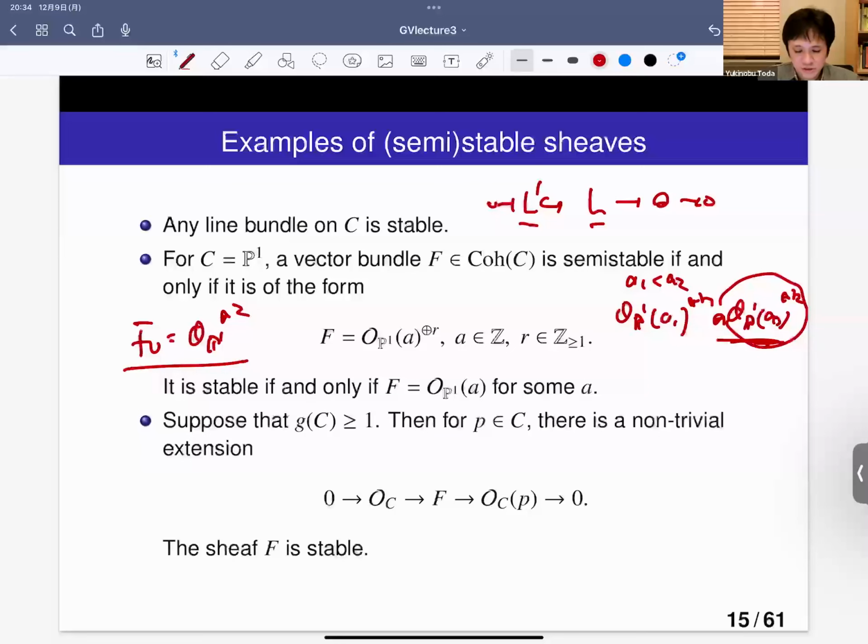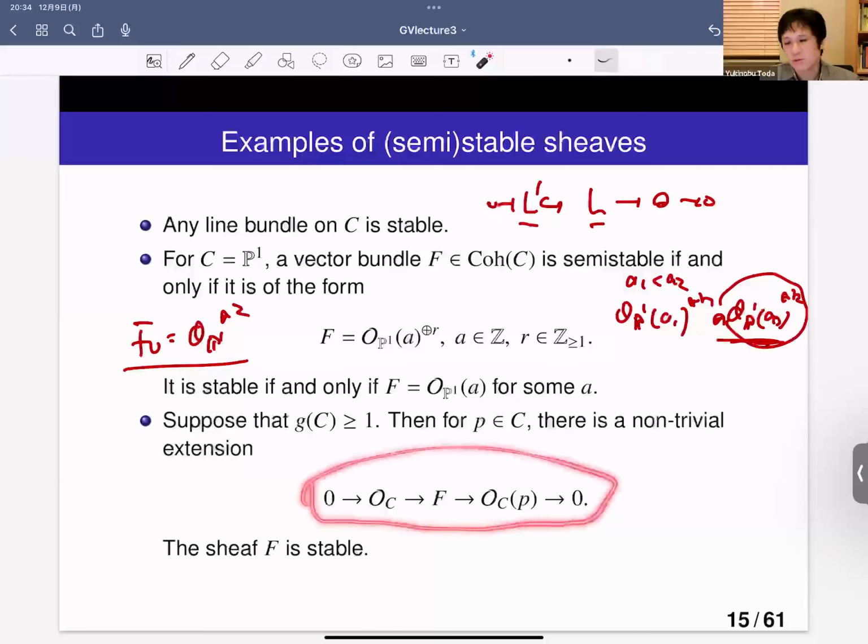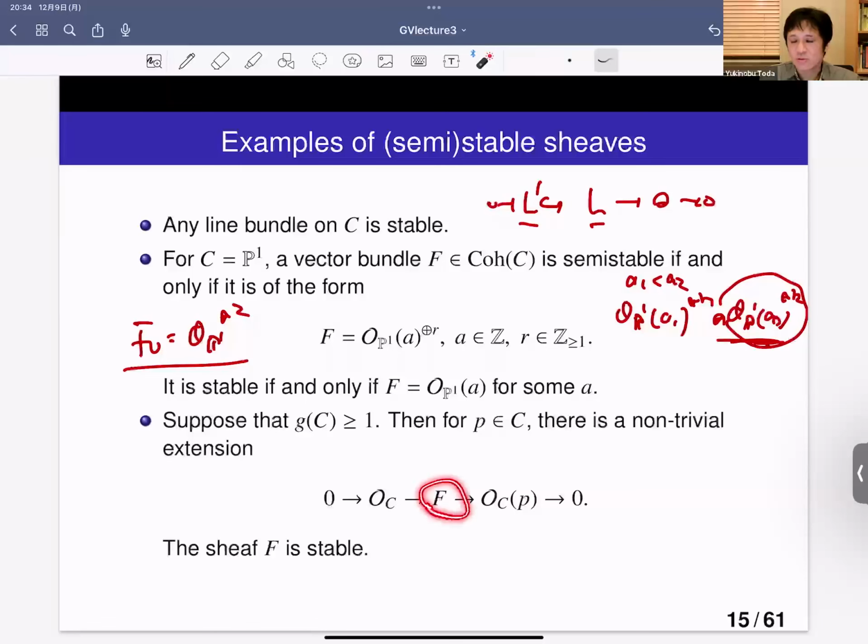Also, let's consider the case g(C) is bigger than or equal to 1. Then for each point P in C, there is some non-trivial extension of this form. If this splits, then this is not stable, because if F splits, then O_C(P) is a subsheaf of F, which violates the slope inequality.